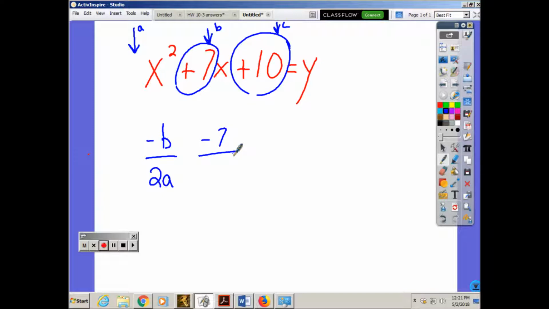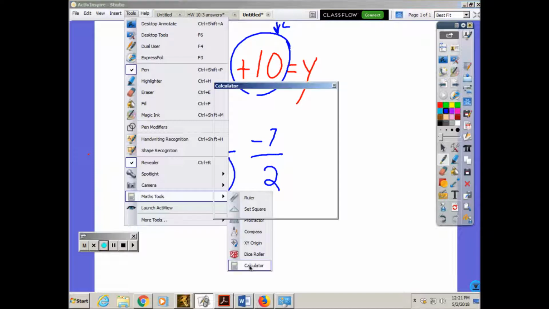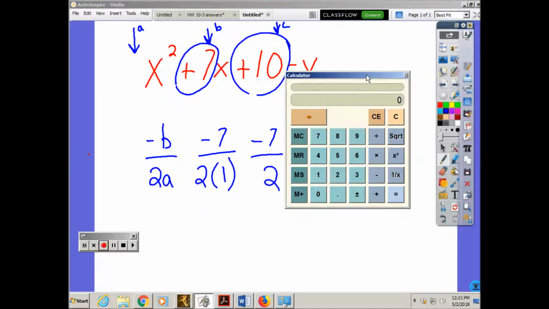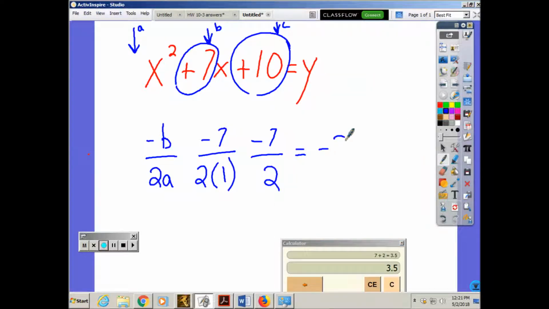I take 2 times the A coefficient, and in this problem, the A coefficient is 1. So I get negative 7 over 2. And if I use a calculator, but since there was a negative, it's negative 3.5. So your axis of symmetry should have either been negative 7 over 2 or negative 3.5.